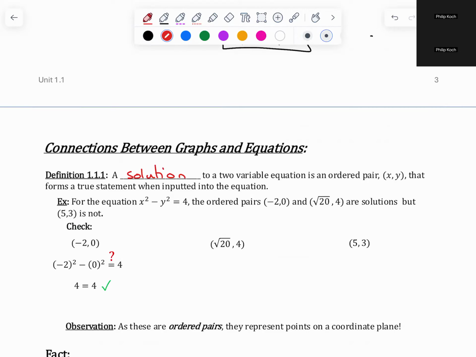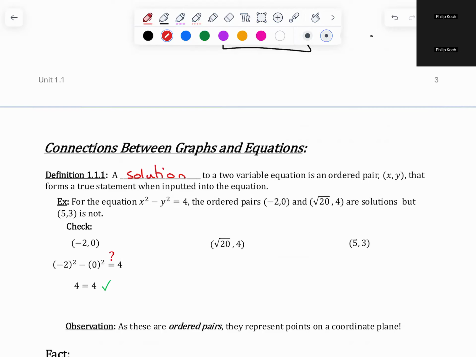So the solution to a two variable equation is an ordered pair. It's two variables that, just in case we wanted to, we can impose our own order on, x then y. So a solution to a two variable equation is an ordered pair that forms a true statement when plugged into the equation.